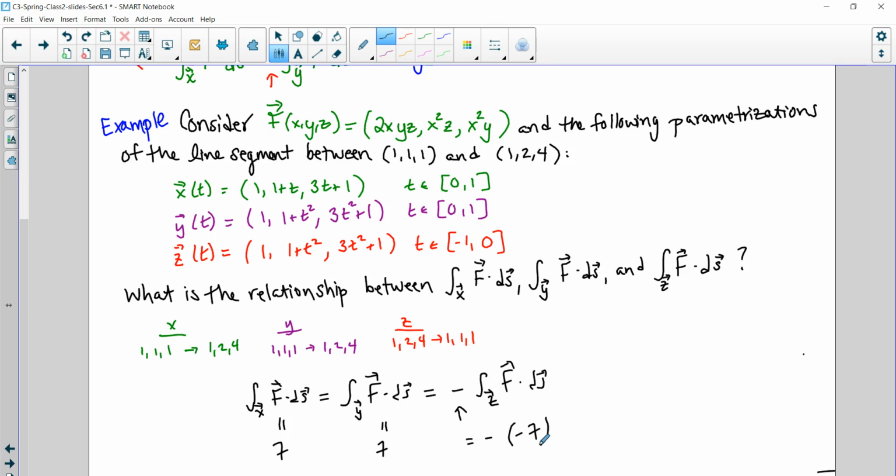So that's an important thing to consider. You could have multiple parameterizations for a curve. Just know that if one traverses in the opposite direction of another, you'll need to switch the signs. All right, and that's going to conclude this section on scalar and vector line integrals.